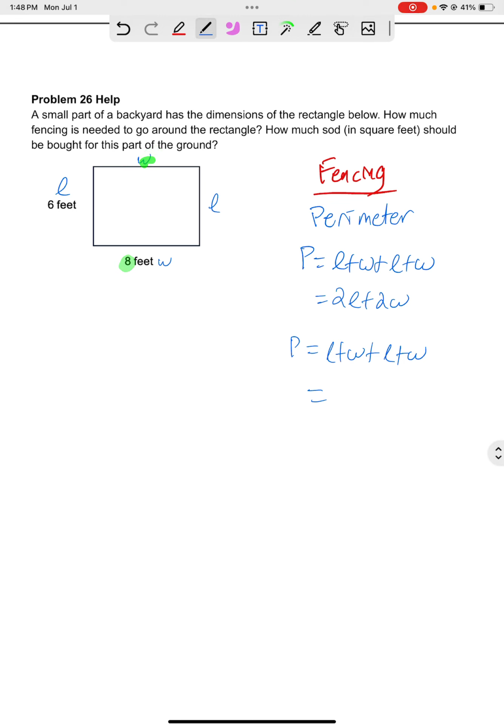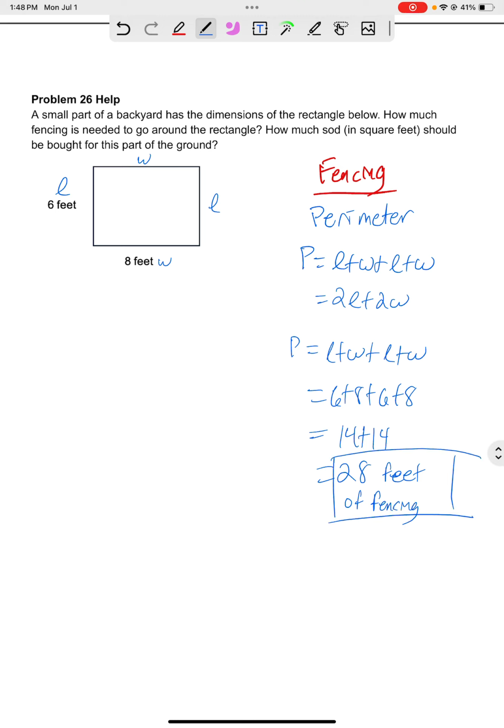So I'm going to do 6 plus 8 plus 6 plus 8 to get my perimeter for the amount of fencing. 6 plus 8 is 14, plus 6 plus 8 is another 14, and so I have 28 feet of fencing. Okay, so that is the first question.